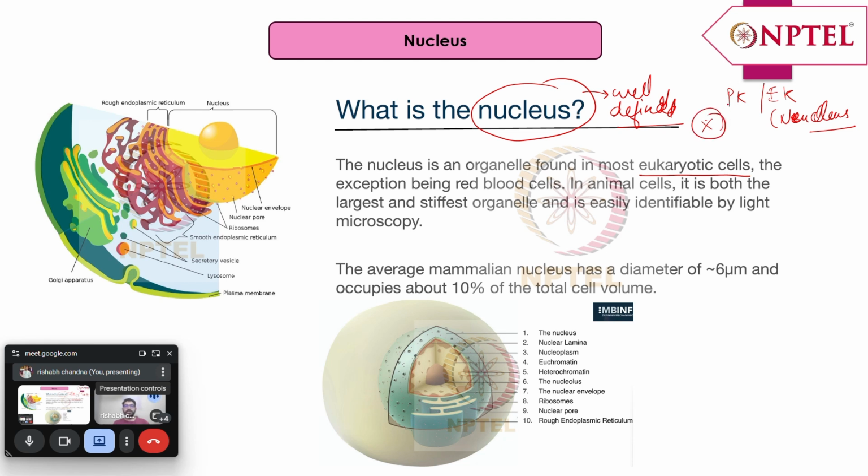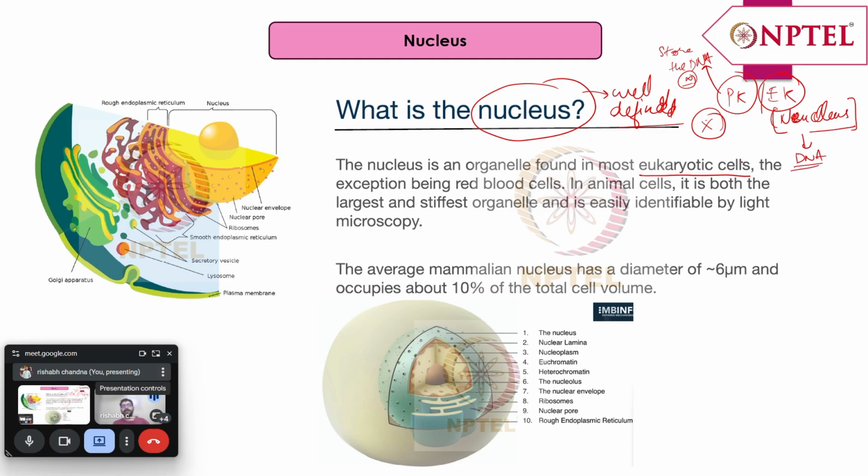They do not have a well defined region to store the DNA. In eukaryotes there is a well defined region that is called the nucleus. They store the DNA, the major storage of the genetic information.